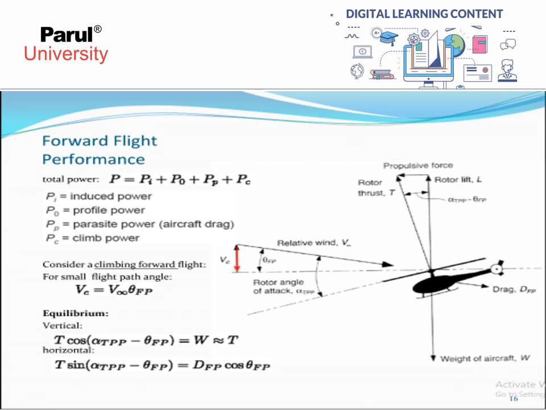Thrust has two components, a vertical component and a horizontal component. The vertical component is T cos phi, which is T cos of alpha TPP minus theta Fp, equal to weight, approximately equal to thrust. And the horizontal component is T sine phi, which is T sine of alpha TPP minus theta Fp, equal to dFp into cos theta Fp. Fp is the flight path, and TPP represents the tip path plane.